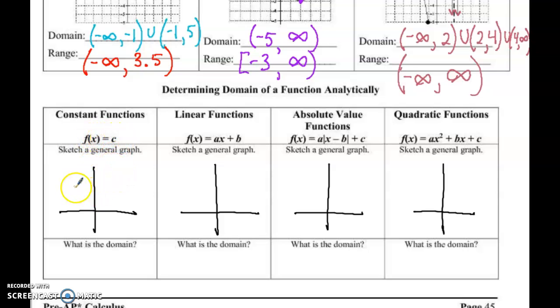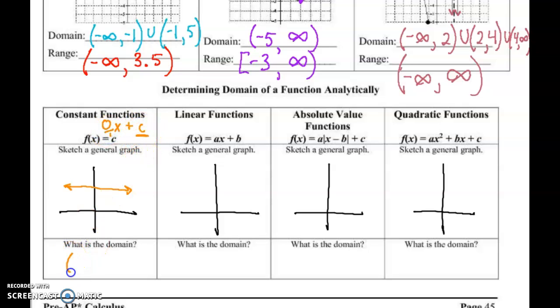So f of x equals c, that is just a constant graph. Might be helpful for some of you to write it as 0x plus a constant, because 0 times anything is 0 plus c. So it's pretty much c is your y-intercept, and your slope is up 0, right 1. I don't know if this is helpful at all.